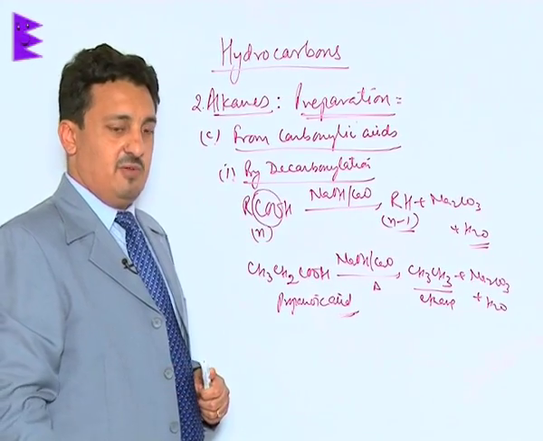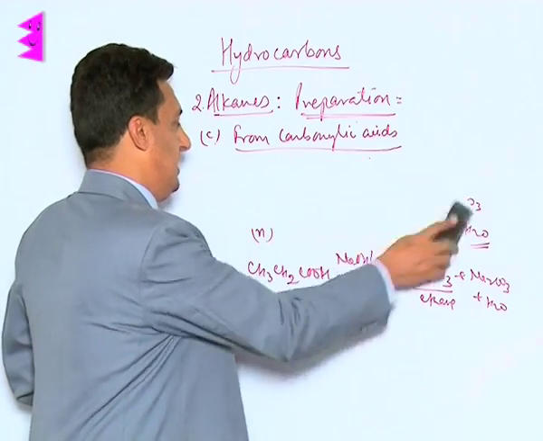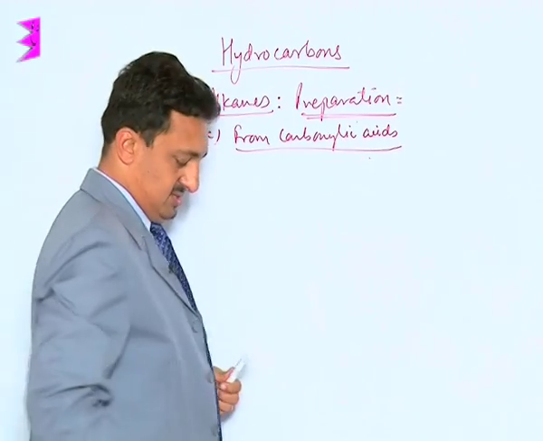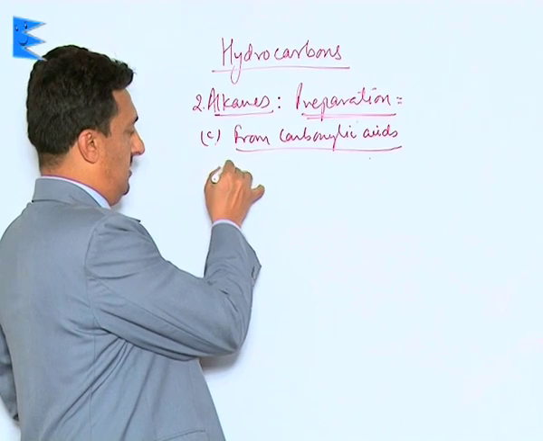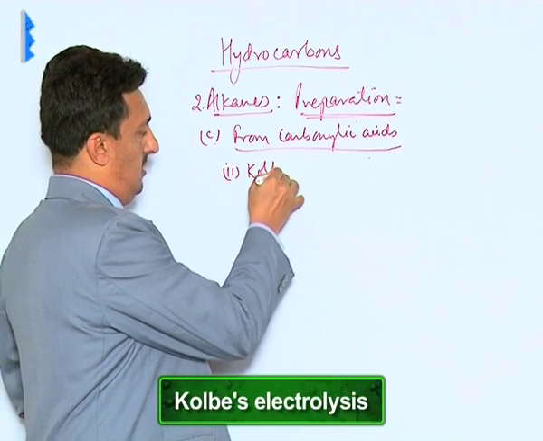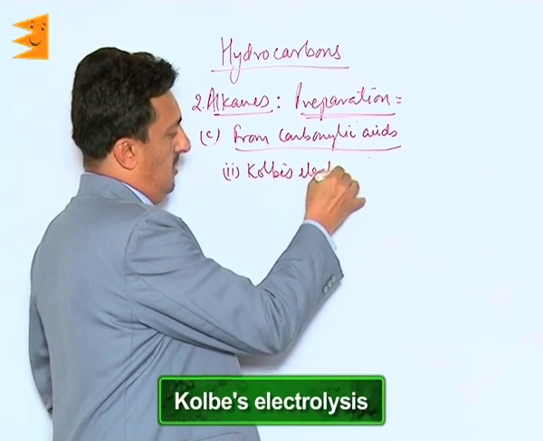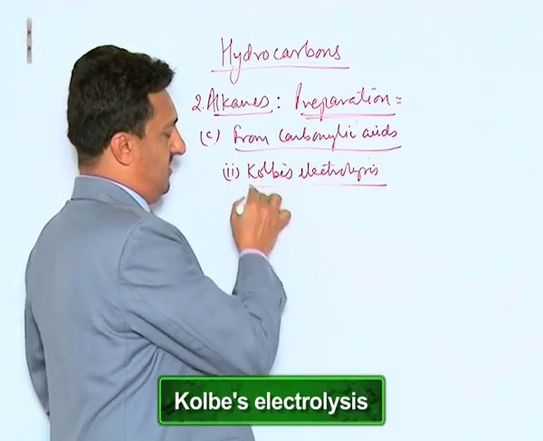The second method from carboxylic acids is Kolbe's electrolysis.